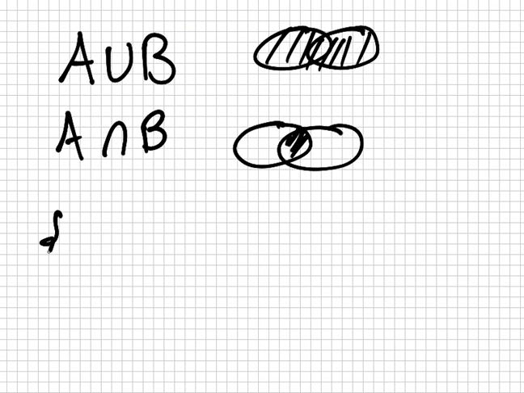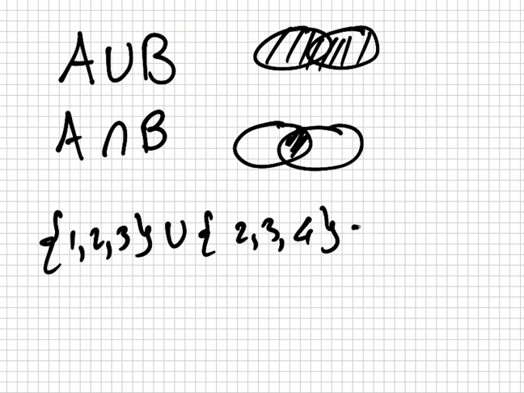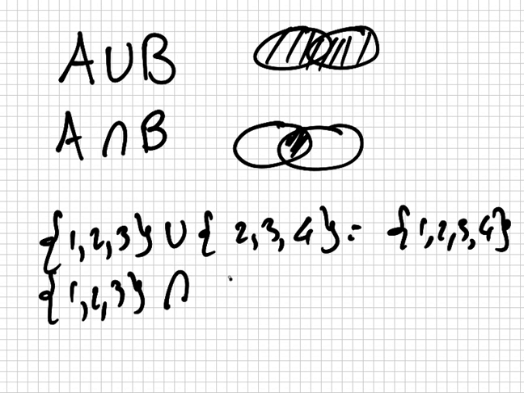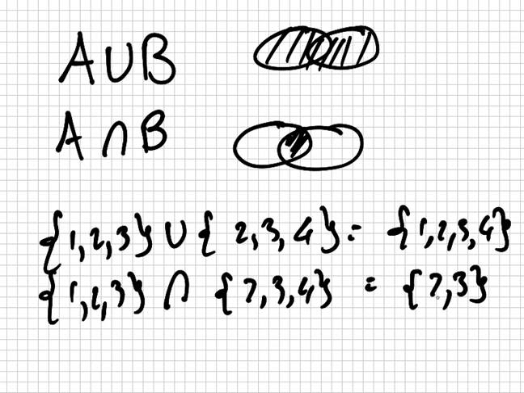So for example, {1, 2, 3} union {2, 3, 4}. What would that be? {1, 2, 3, 4}. And if I had intersection instead, it'd just be {2, 3}, because they're the only ones in common.